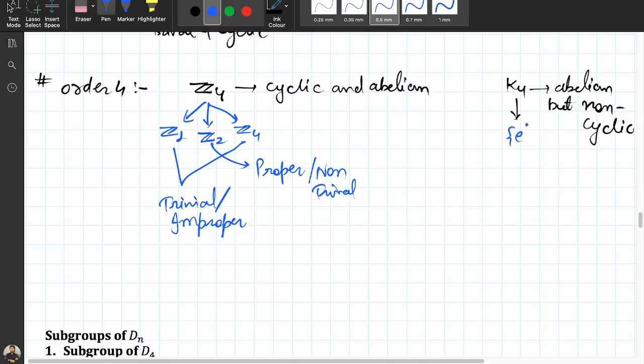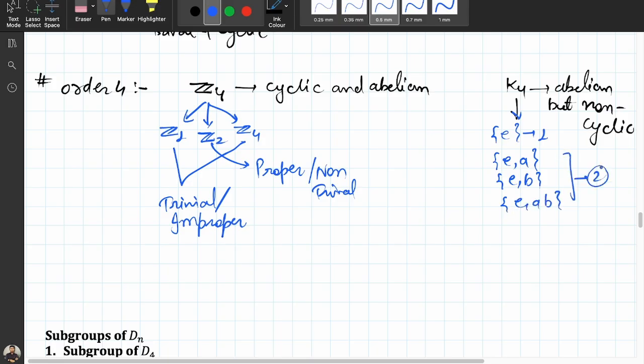Now what about K4? The subgroups are identity, A, B, AB. In this way we can write the subgroups. Identity is the subgroup of order 1. Pairs we can take, like identity and A, identity and B, identity and AB.